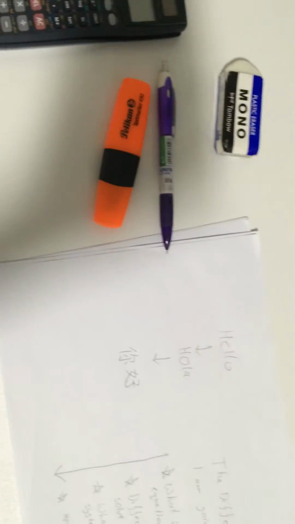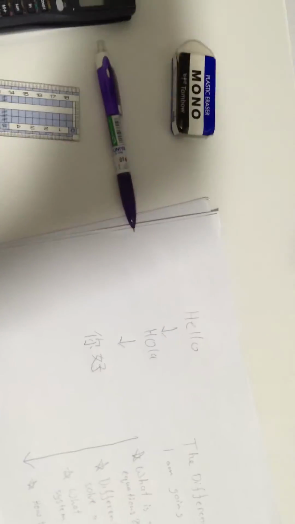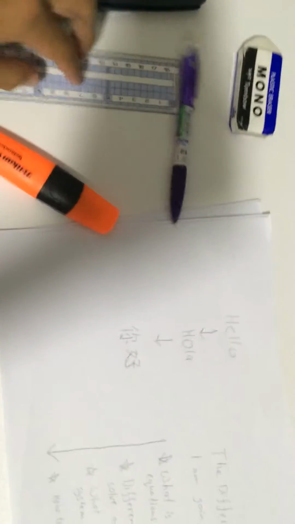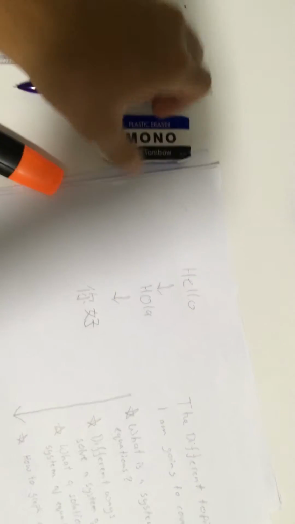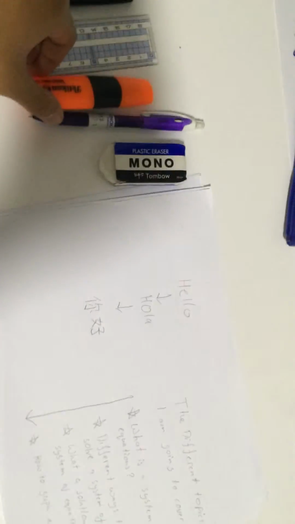You'll need an eraser, a pencil, a ruler to make graphs, and possibly a highlighter. This is because you don't want to get your lines of equations mixed up with another one.